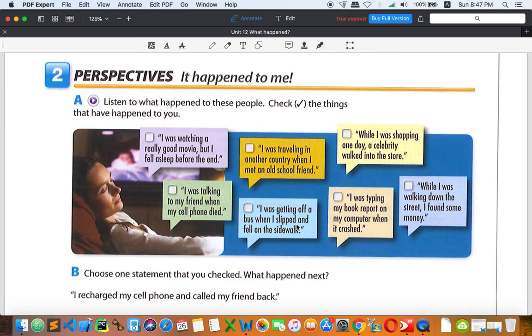Slip is like you accidentally step over something and then you fall down to the ground, so that is slipped. So, I was getting off the bus when I slipped and fell on the sidewalk.